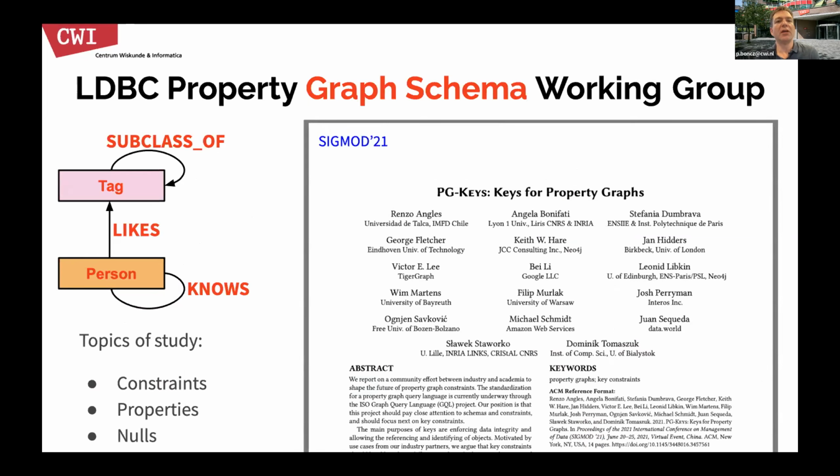The topics of study include constraints in property graph schemas, meaning what is a key in a graph, what is a primary key, foreign key constraint, how can we specify properties, so basically the typing and the structure of properties, and do nulls make sense in graphs, what role would they have. I would like to point you to a recent paper in SIGMOD 2021 coming out of this working group on keys in property graphs, one of the first published results.